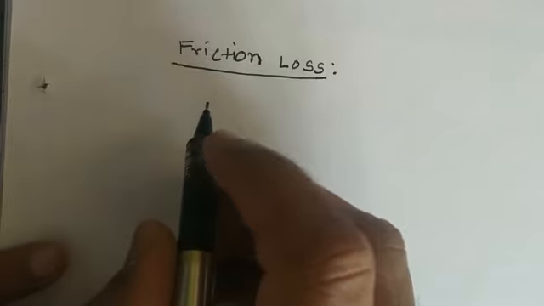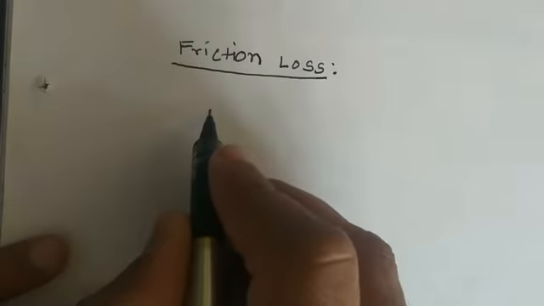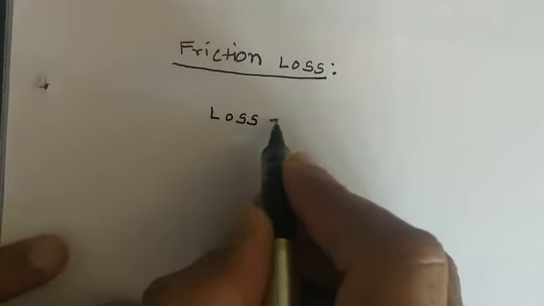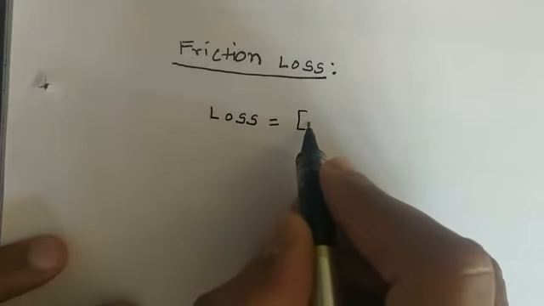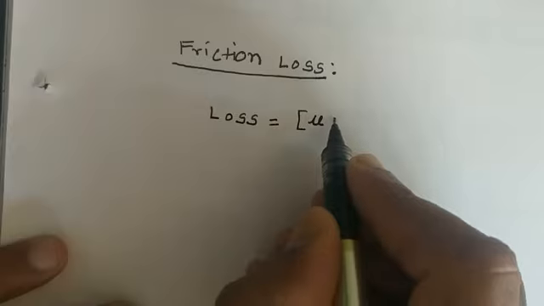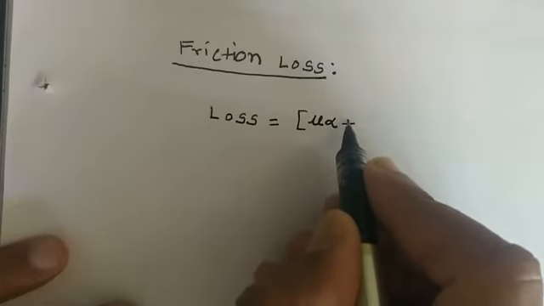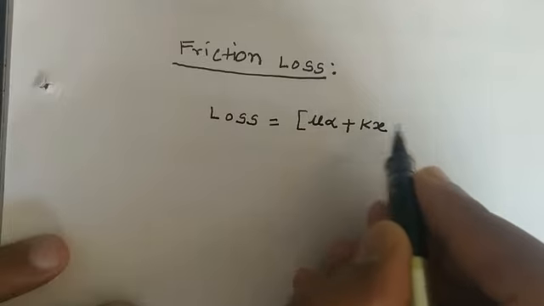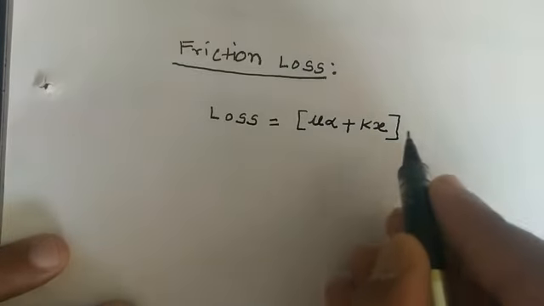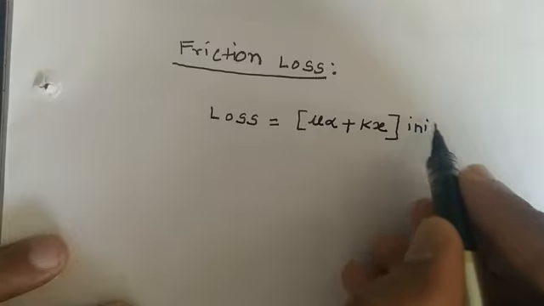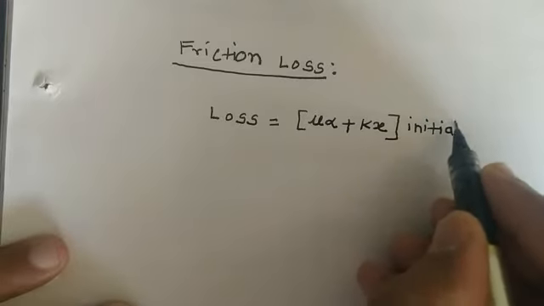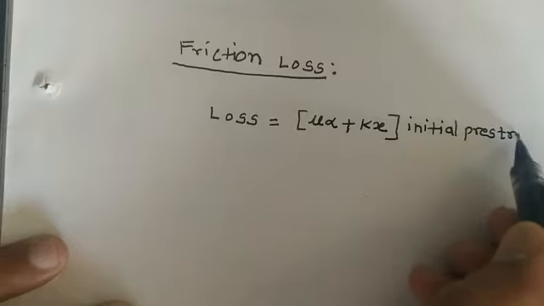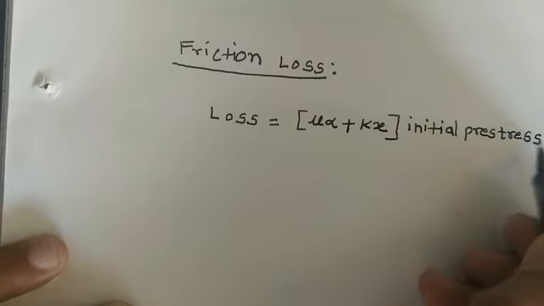Friction loss is calculated using one simple formula. Loss is equal to mu alpha plus kx into initial pre-stress.